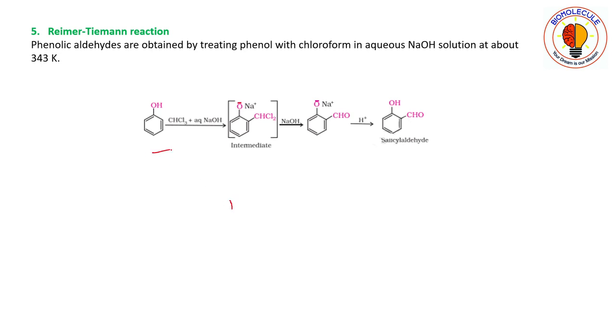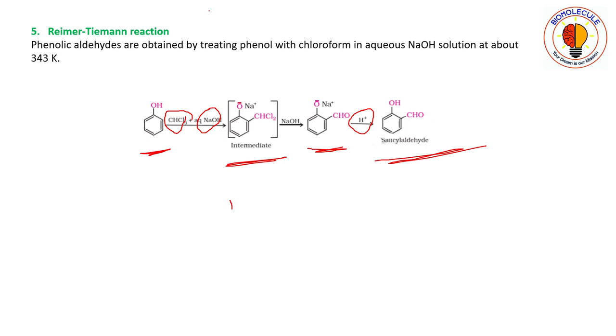So you take a phenol, treat it with chloroform in presence of aqueous NaOH, you will get one intermediate. This one will give you this phenoxide aldehyde, and further subsequent hydrolysis will give you a phenolic aldehyde. Here it is salicylaldehyde. This one is important for your NEET exam.